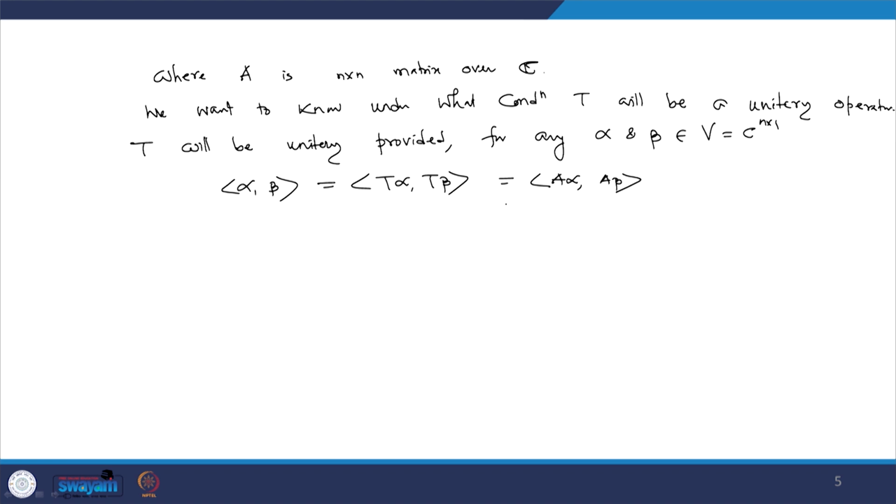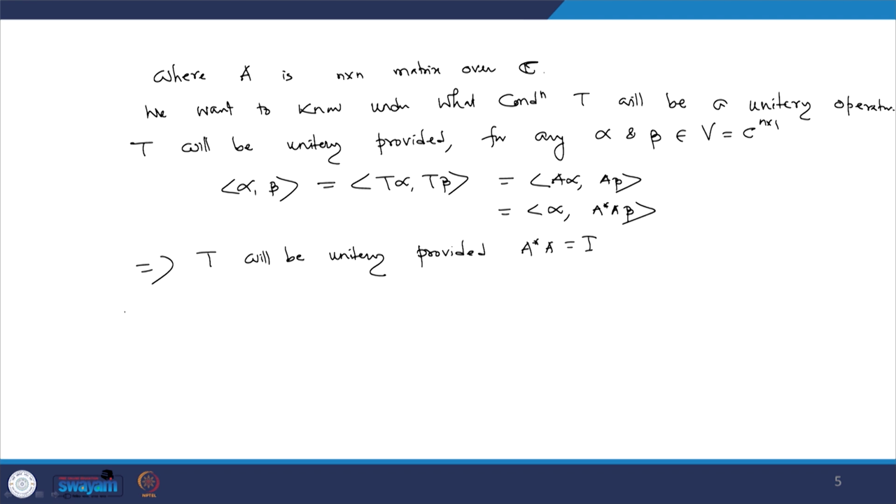So, this means this is equal to inner product of alpha A star A beta. So, this implies T will be unitary provided A star A equal to identity, A star A equal to identity matrix.